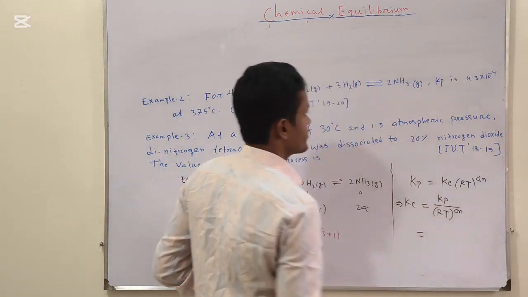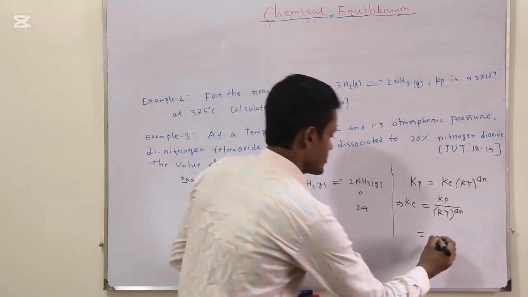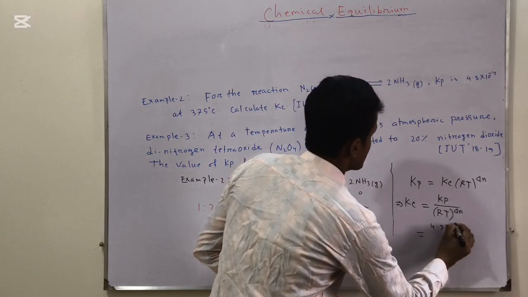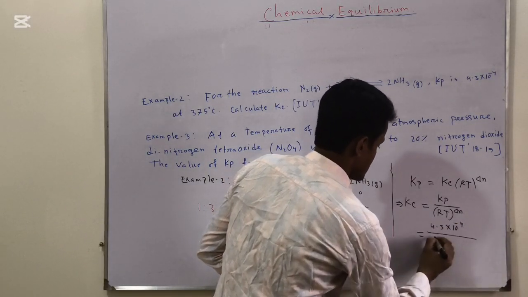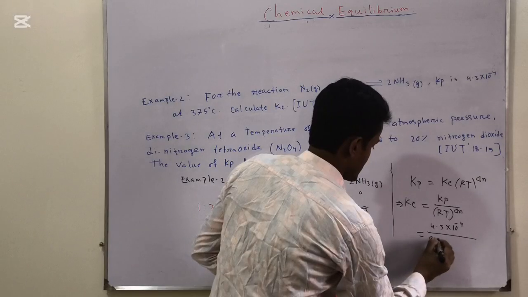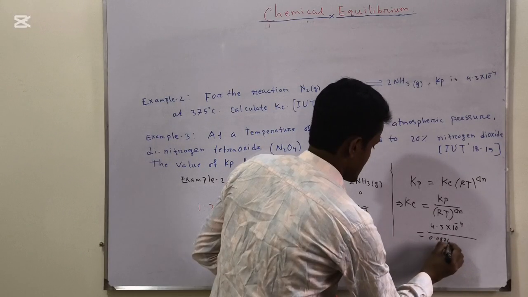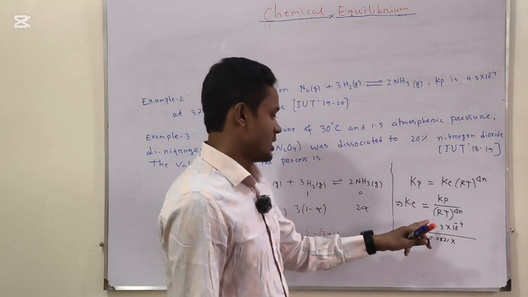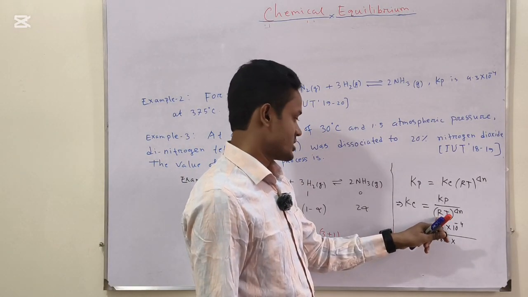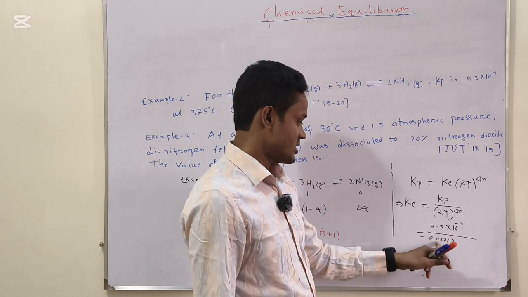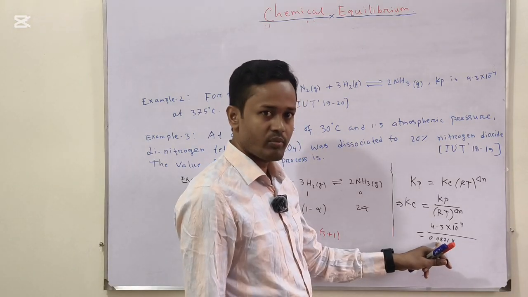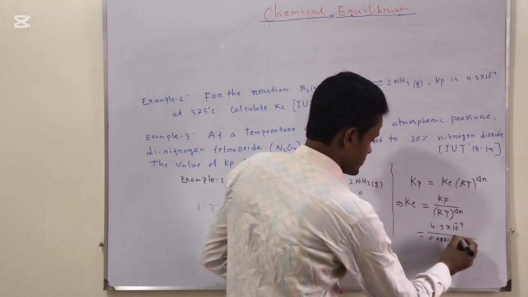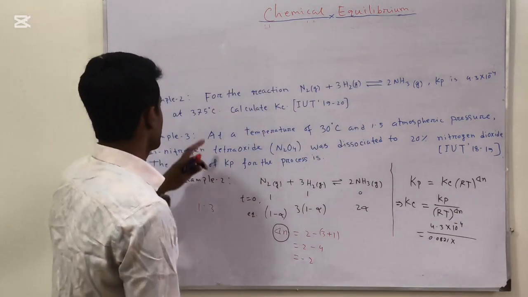Kp value is given: 4.3 into 10 to the power minus 4, divided by RT. R is 0.0821 liter atmosphere per Kelvin per mole, into temperature.